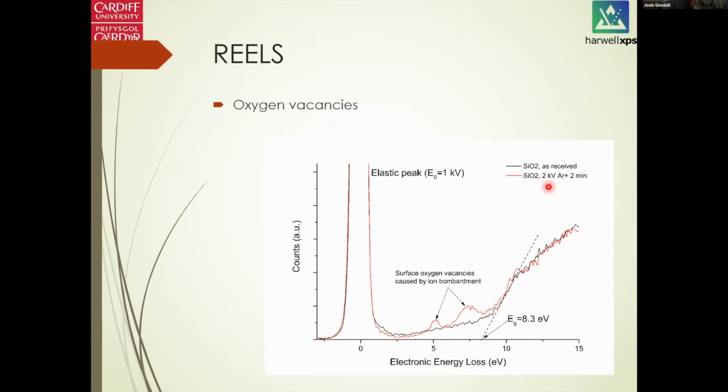But with 2 kV argon cluster etching for 2 minutes, the surface oxygen has been removed from the ion bombarding. Therefore, we see these small features appear below the band gap region.